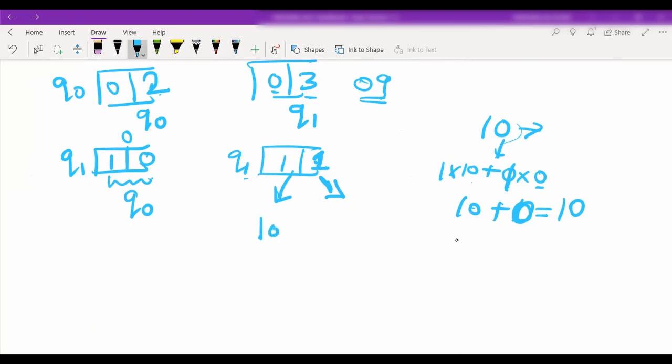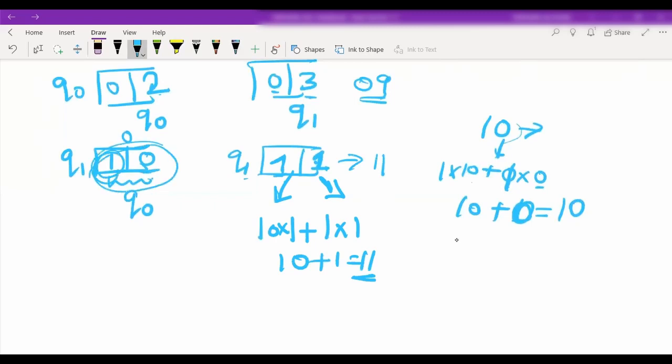So multiply this number with the 10th place, that is 10 into 1, and the number at the unit place with 1. So the output is 10 plus 1, which is number 11. So with the current bit as 1 and the next bit as 1, we got the new number 11. With the current bit as 1 and the next bit as 0, we generated number 10.